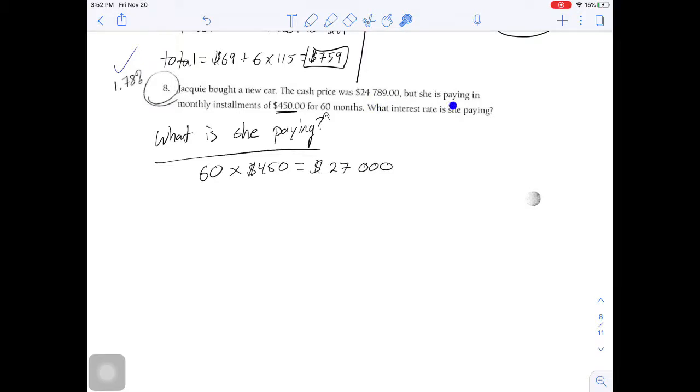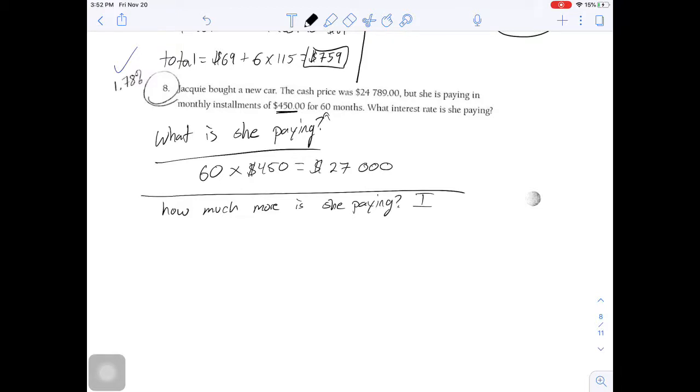Okay, so let's figure out how much she is actually paying extra here. How much more is she paying? And remember what that means. That's actually your interest.